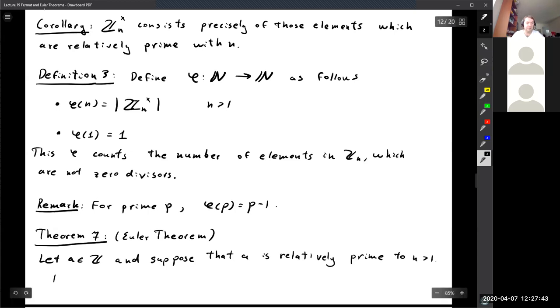Then what we have is that A, when raised to the phi of n, has remainder 1 modulo n.